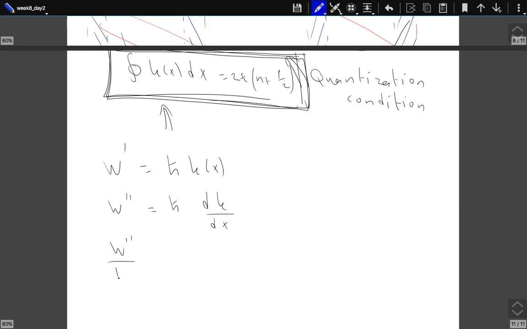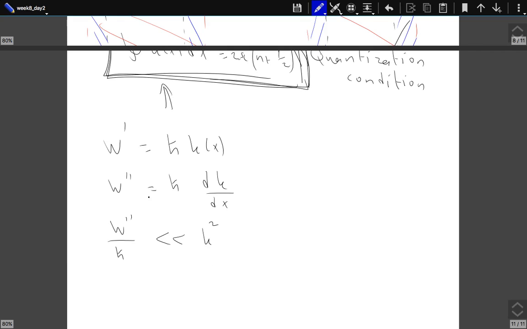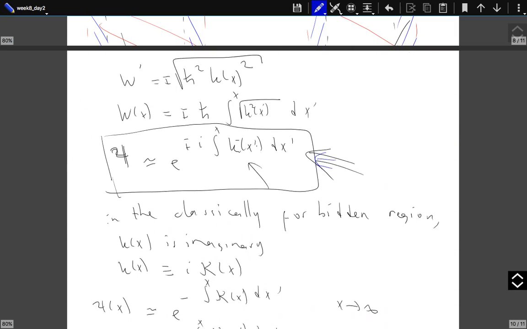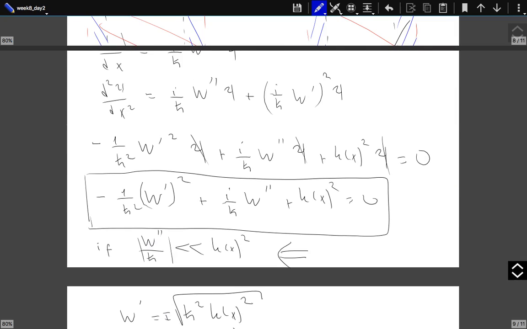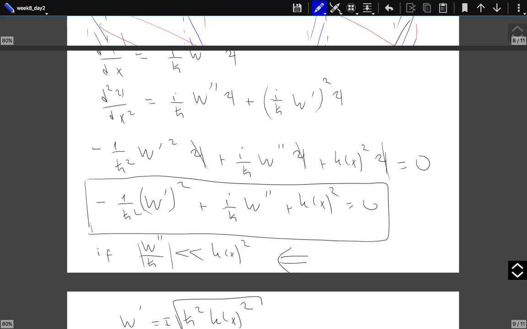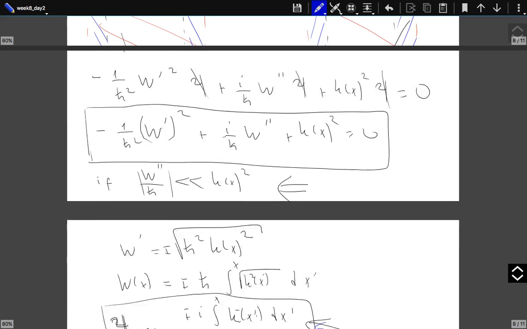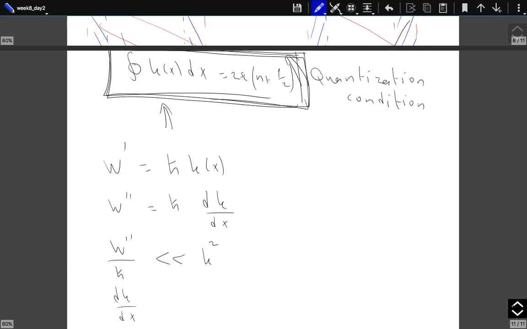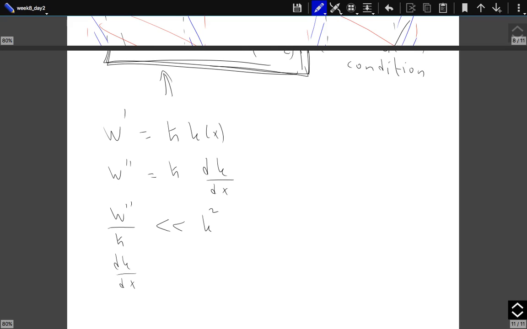So omega double prime over h bar being much, much less than k squared basically means that dk by dx, hold on, am I missing some factors over here? Okay, no. dk by dx should be much, much less than k squared.